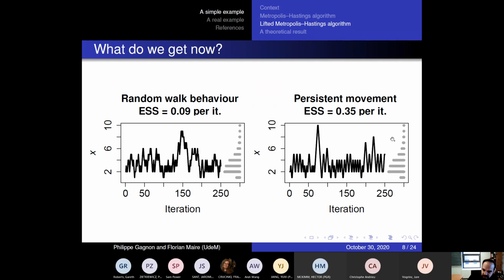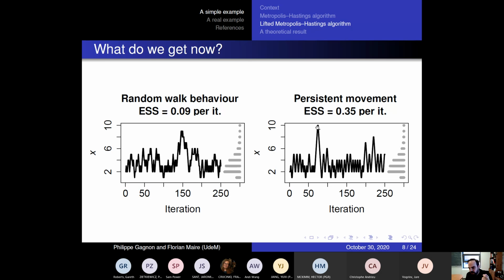on the same target as before, and so we see the difference in ESS. And for instance, we go through the state, say, 10 in this case, and when we go for instance from 10 to 2, here the PMF is strictly increasing.